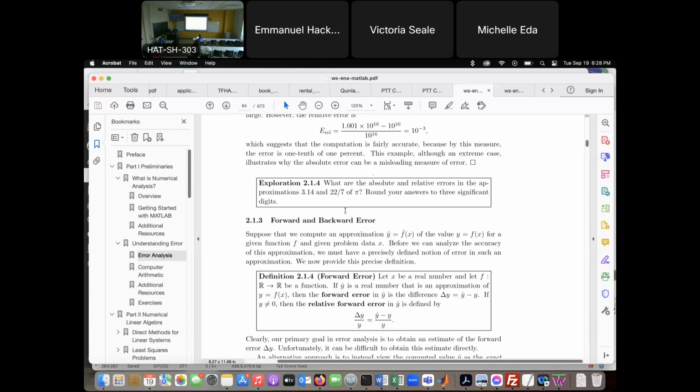So where do we get the regular y from? That's pi, because these two numbers are both well-known approximations of pi. So we have to repeat.